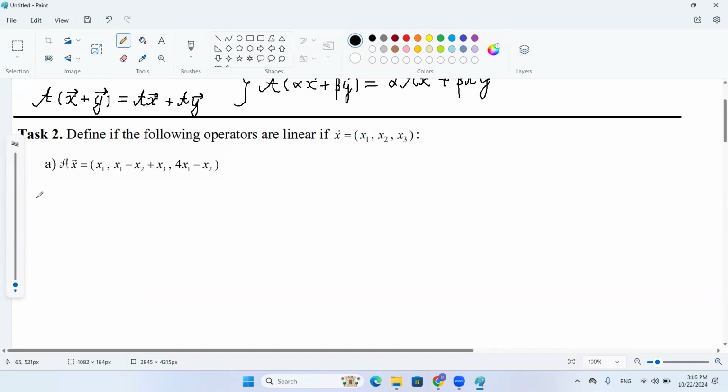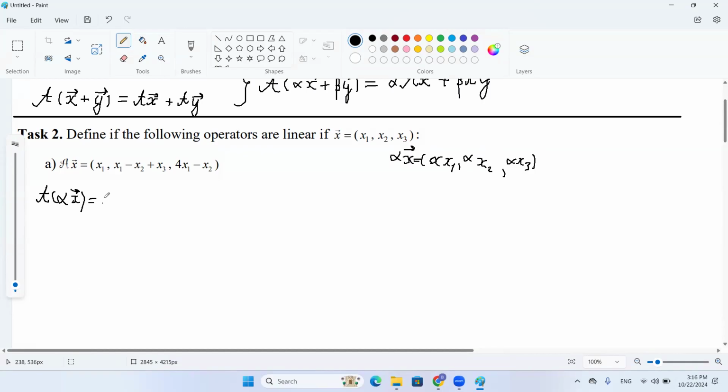We are doing the same. So checking if it's homogeneous. By the way, alpha x will equal alpha x1, alpha x2, alpha x3. So actually nothing new for you already.